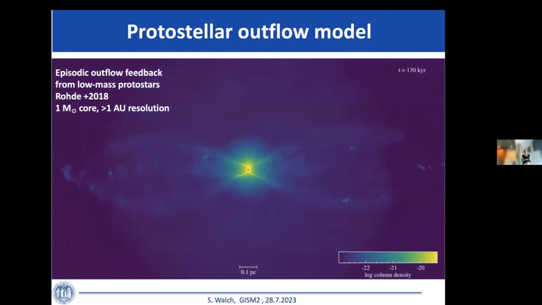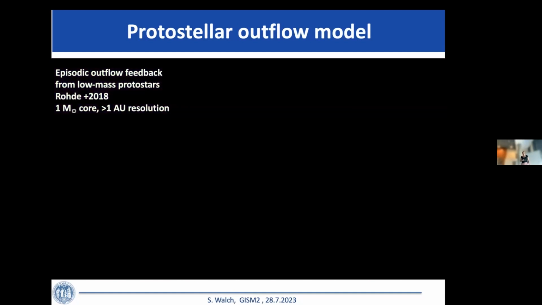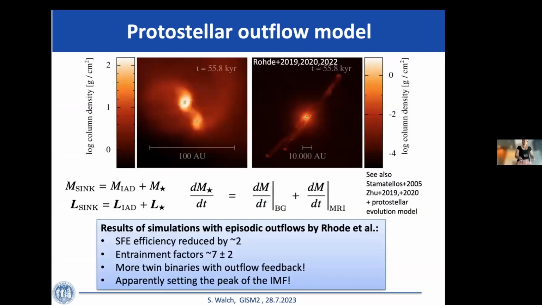So this is a model we did where we had a 1 solar mass core, 1 AU resolution, and you can see how the core is shaped by the protostellar outflow. I think you saw it. I have no time to show it again. And so what you need to do here, you have two possibilities.